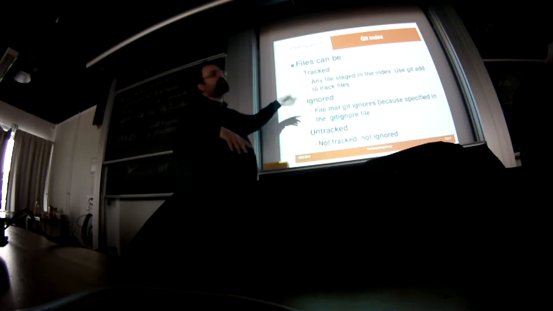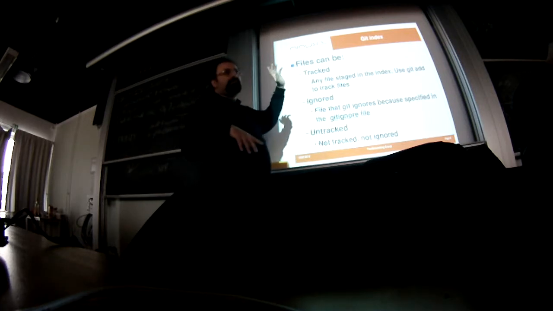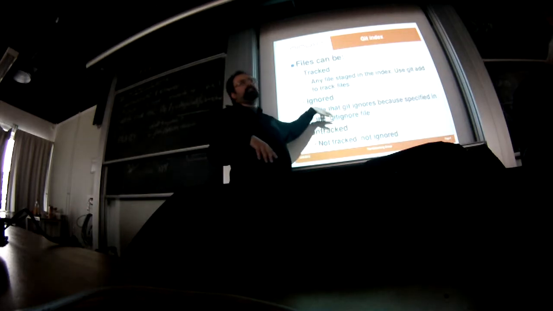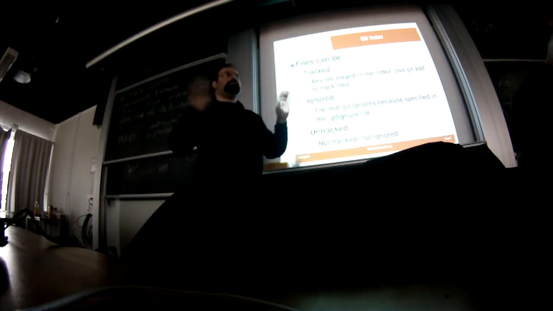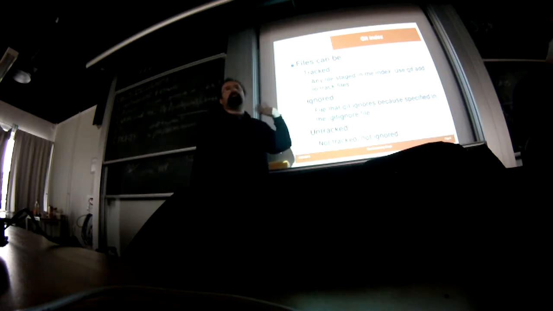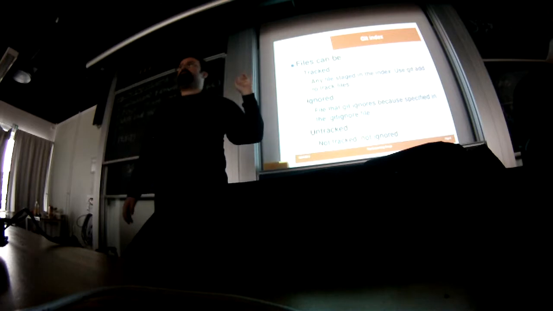Then I have ignored files, similar to SVN ignore. It means that I have a special file called .gitignore. Everything I write in there, Git just ignores, doesn't see it. And then I have untracked files that Git doesn't know about.